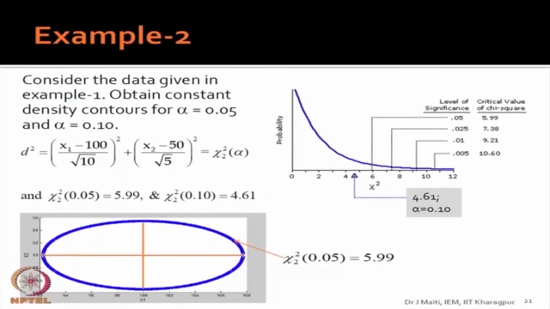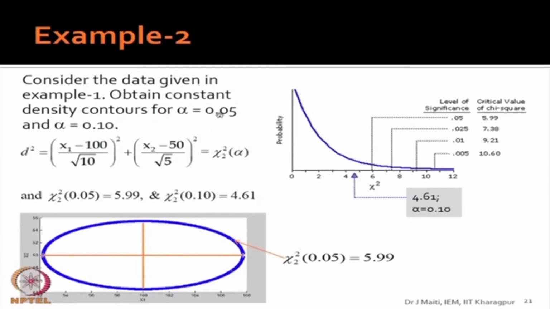Here is one example. Consider the data given in example 1. Obtain constant density contours for alpha equal to 0.05 and alpha equal to 0.01. We have seen that d square, this is (x1 minus 100) by square root of 10 squared, which we gave earlier, is considered equal to chi square alpha.